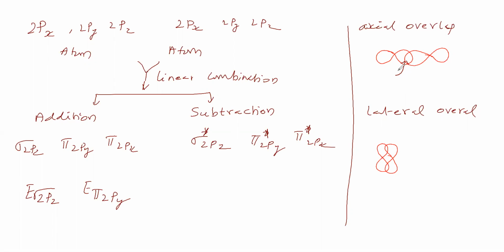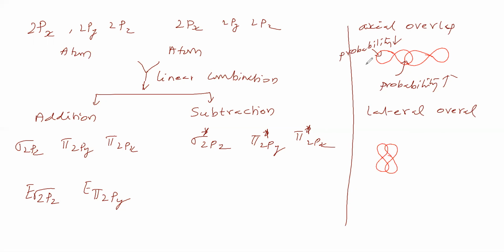So during overlapping, how will the probability of the electron cloud be? Here, the probability of the electron cloud will be high, and here it will be low. In this p orbital, at this end the probability will be high, and at this end it will be low.